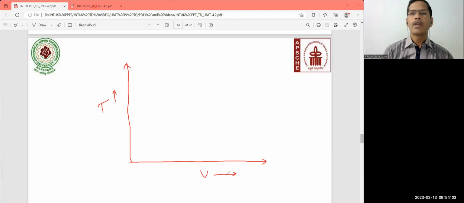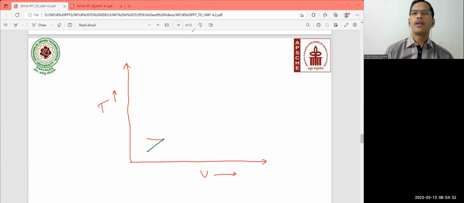Suppose here you take water, solid ice. In that case, the solid ice first at -5 degrees centigrade goes to this one. Then afterwards you will get another curve as in this one.